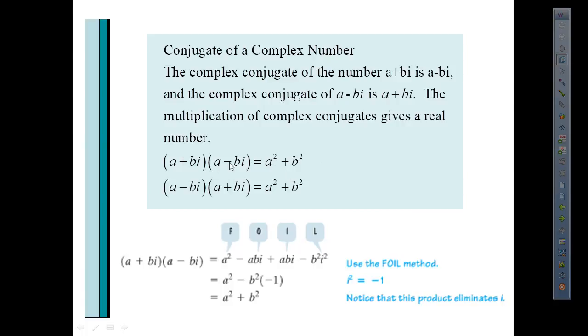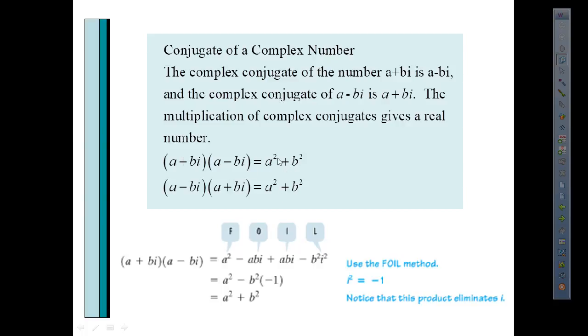Actually, you can see it right here, because your middle terms are going to cancel out, and that's going to leave you with just a real part. Remember, the bi times negative bi is going to give you b squared, and i squared is a negative 1, so that's why this changes to a plus.